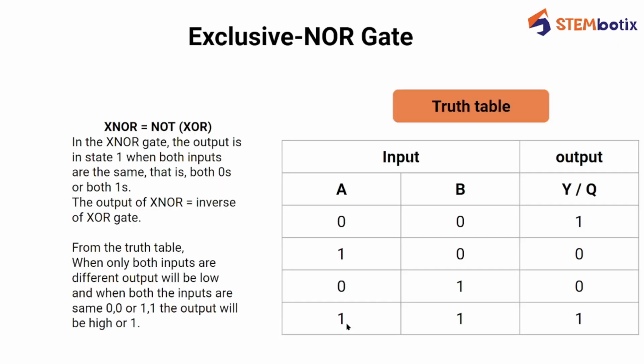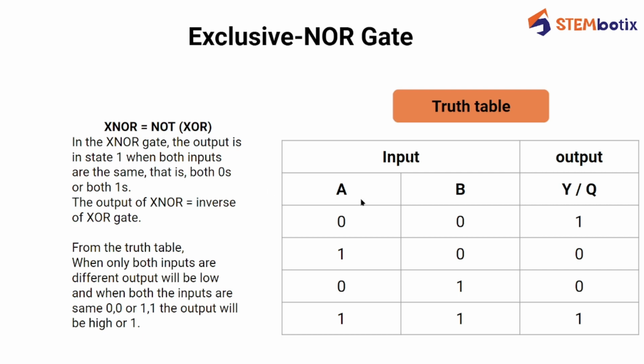Now the second exclusive gate is the XNOR gate. In the XNOR gate, what happens is the XNOR gate is the NOT of exclusive OR, or you can say the inverse of the exclusive OR gate, and the XNOR gate is also represented as X and then NOR. So the XNOR gate is NOT XOR.